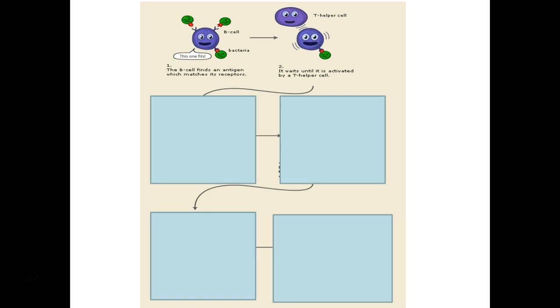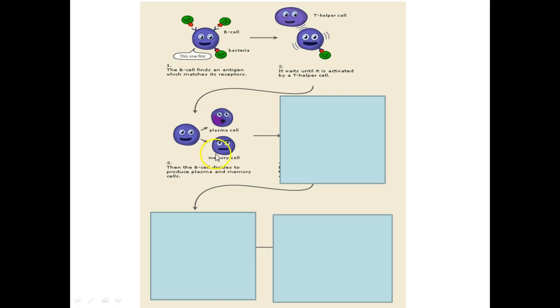Other antigens are T-independent, right, where they can go straight here, skip over this step, and go to the next step of proliferation and differentiation. So this particular diagram is specifically showing where you need that T help, right? It's a T-dependent antigen, whatever the antigen may be. In this case, it's showing a bacteria.